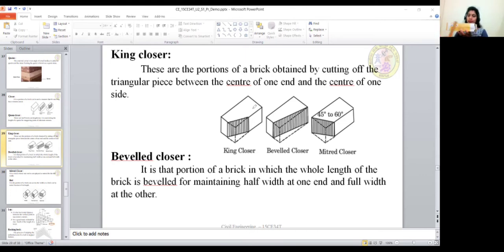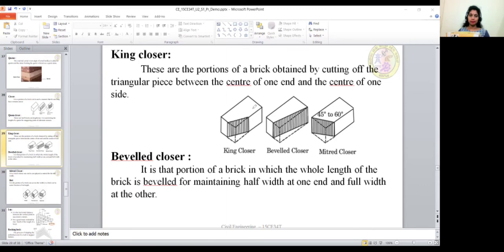So assume this is a brick. There are two sides of the brick, so this is one side and this is another side. And these two are the ends, okay, ends of the brick. If the brick is cut lengthwise, then it is known as queen closure.